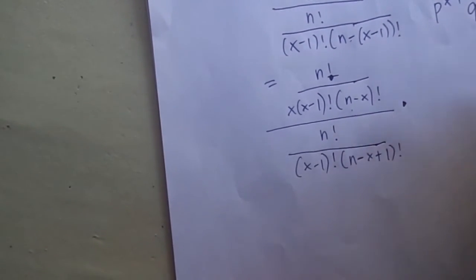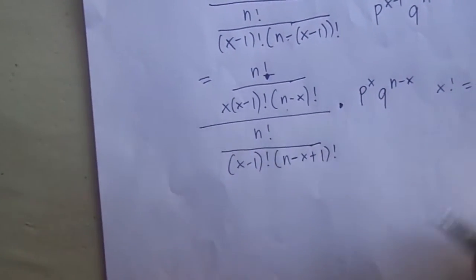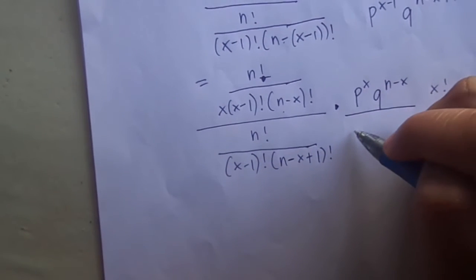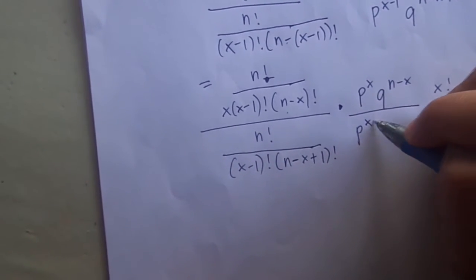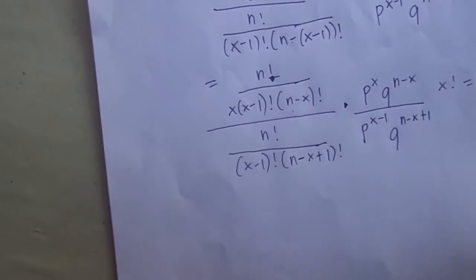Then copy p to the x times q to the power of n minus x over p to the power of x minus 1 times q to the power of n minus x plus 1.